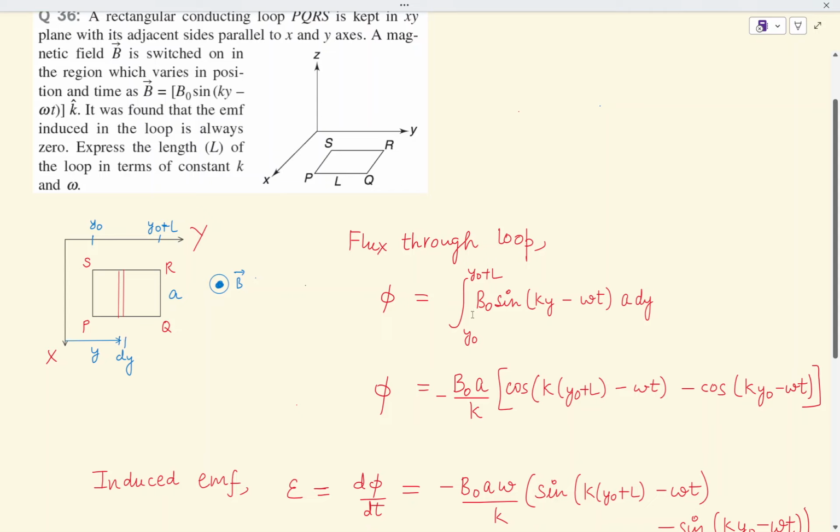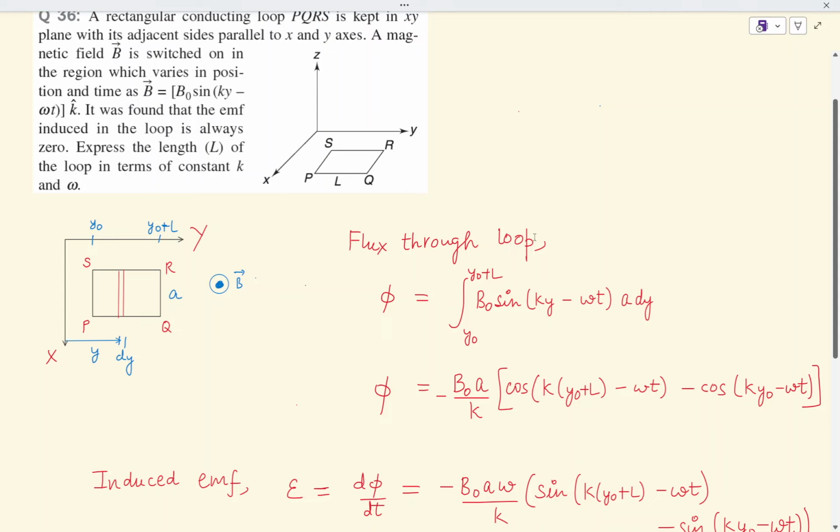Then the magnetic field will be this, and the area will be a times dy, where a is the height, you can say, the dimension in the x direction. So the integral can be found between the coordinates y0 and y0 plus L. I'm just assuming that the loop lies between coordinates y0 and y0 plus L.